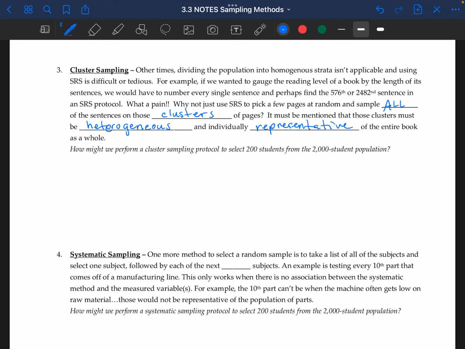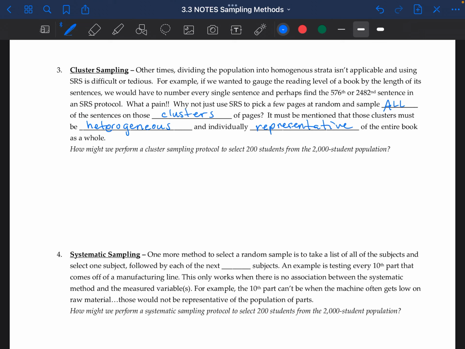Instead of the previous example, where I'd be grabbing groups that are samesies and then doing little SRSs within those groups, what I want to do here is separate them all into different groups because I believe the different groups are different. They're heterogeneous. They're not similar in any way.